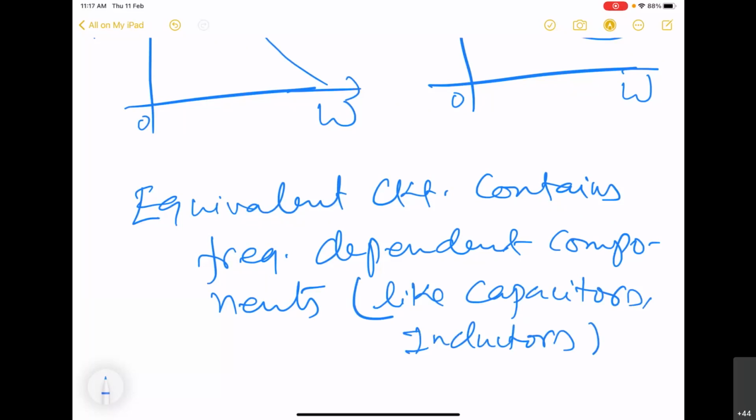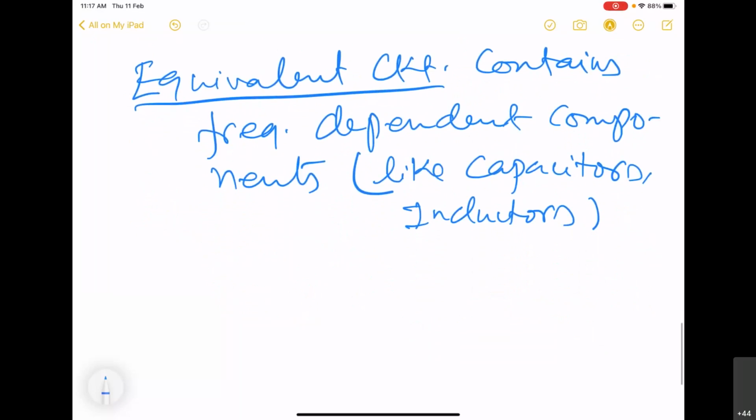So now if you recall all the amplifiers that we have discussed, and if you see their equivalent circuit, you will see that that circuit, however complicated it might be, contained only dependent sources and resistors.